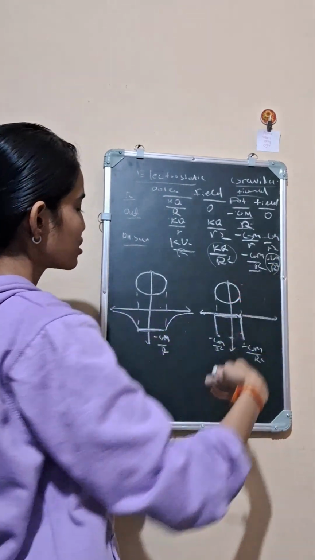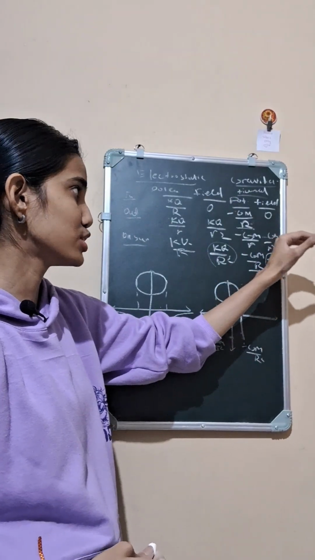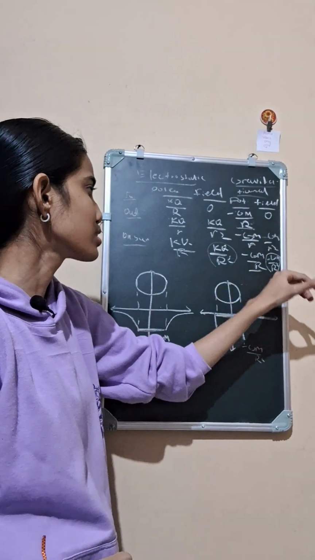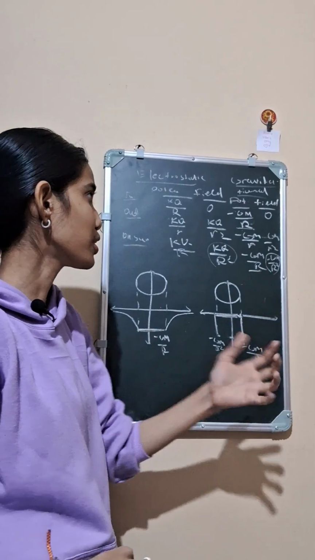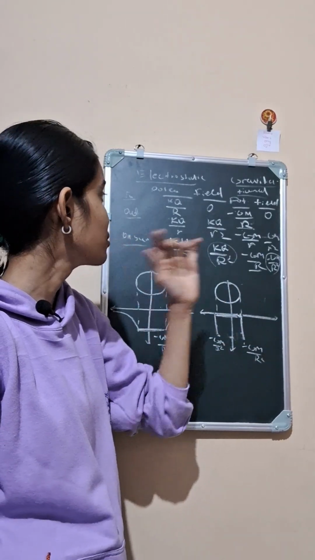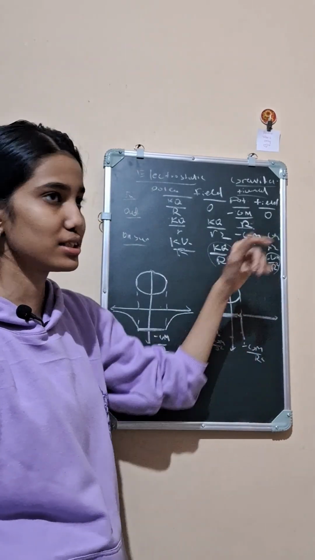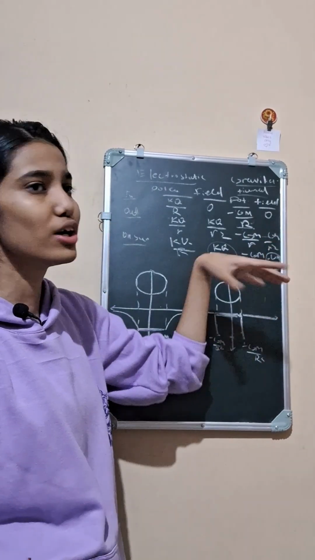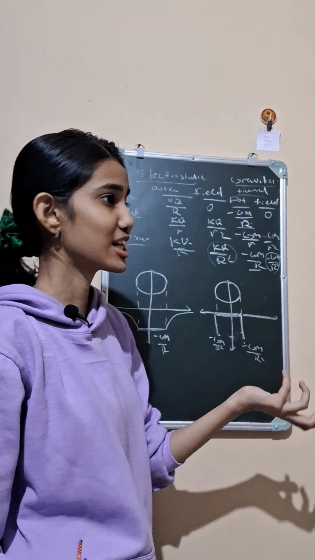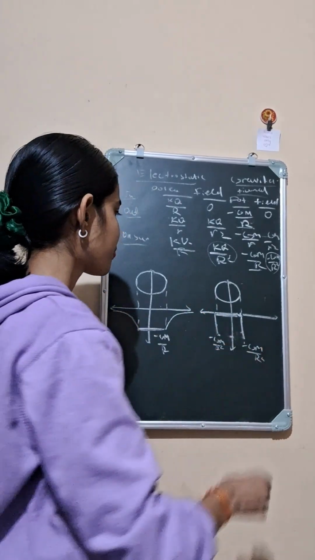So outside the shell it will be equal to minus Gm by small r square, as small r is greater than capital R, means the field will decrease in magnitude but has a negative value, and when the distance tends to infinity, the field will tend to 0.